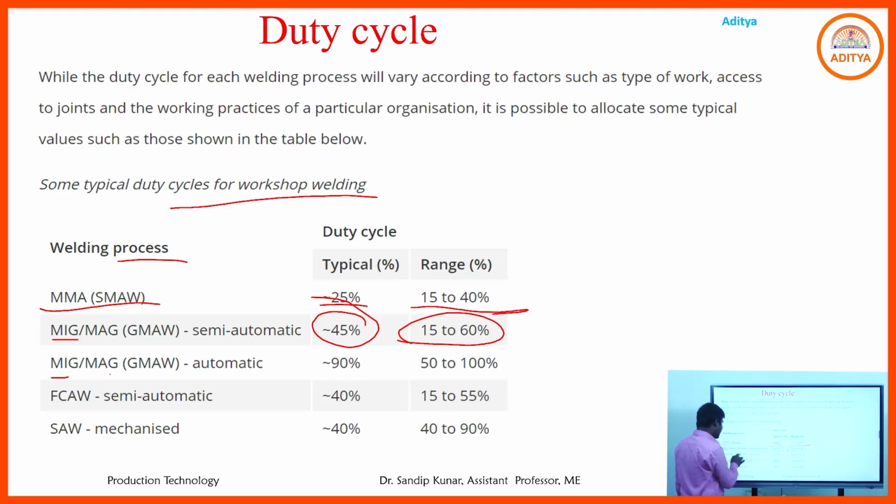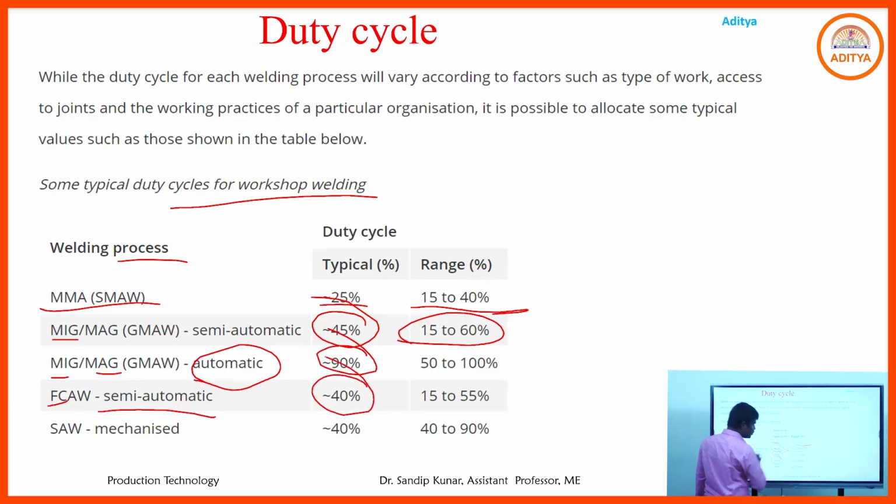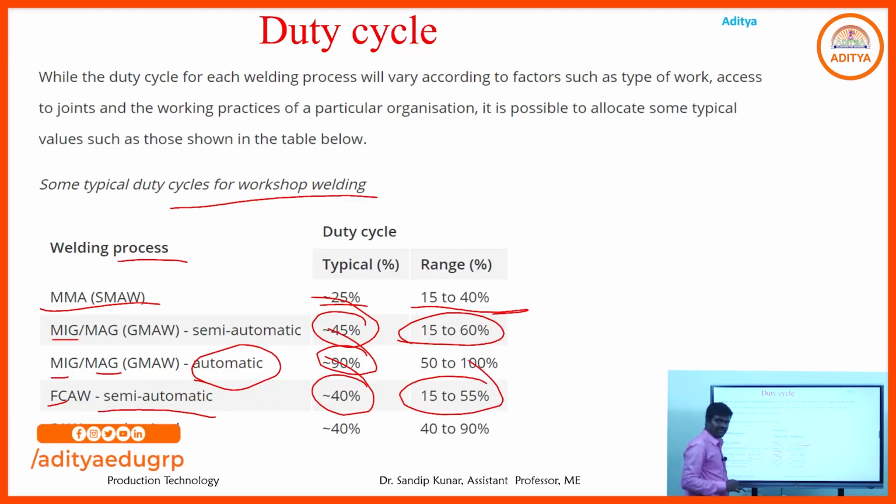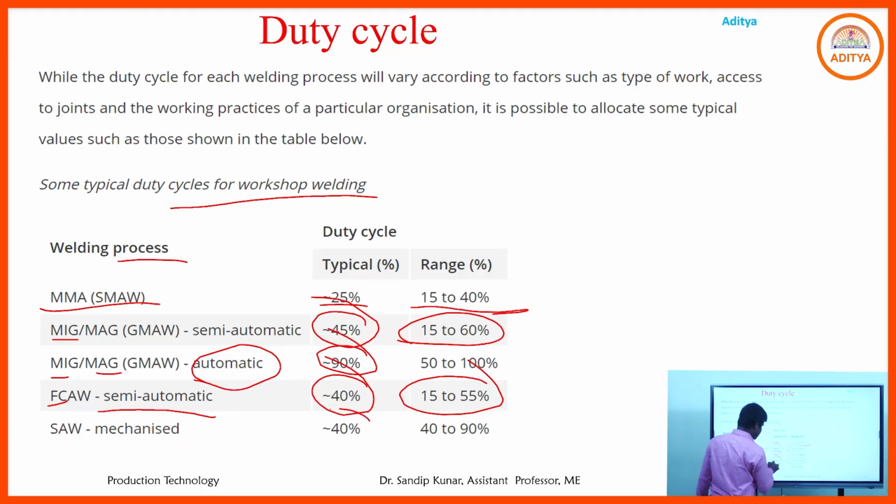For TIG welding, automatic, duty cycle is 90% and varies from 50 to 100%. Flux core arc welding, semi-automatic, has a typical duty cycle of 40% and varies from 15 to 55%. Submerged arc welding, mechanized, has a duty cycle of about 40%, ranging from 40 to 90%.